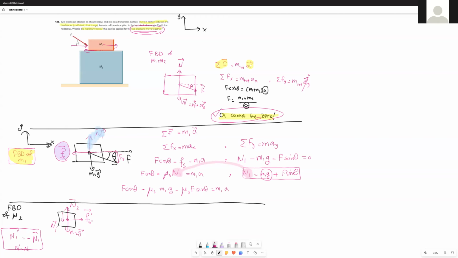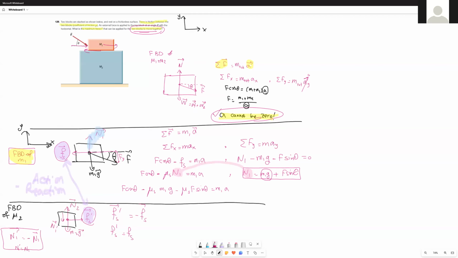Fs prime, this one, and these two guys, they are action reaction forces. And you can say Fs prime as a vector is going to be equal to negative of Fs. They are action reaction forces. And in terms of magnitude, they are going to be exactly the same.